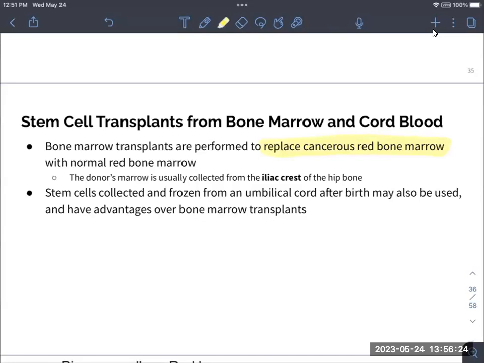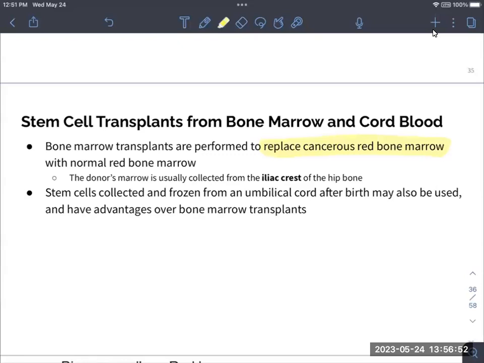And when red bone marrow develops cancer, it either releases red blood cells too soon, so they're going to have a nucleus still. It could cause extremely high numbers of white blood cells. There's a lot of different things that it can cause. So they can take bone marrow from a healthy person and transplant it into a cancerous bone marrow.